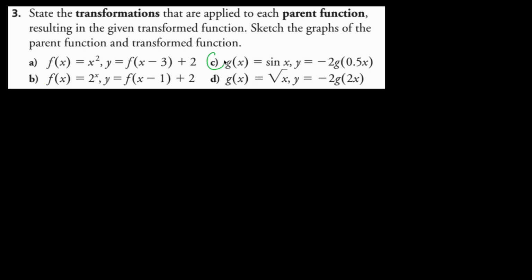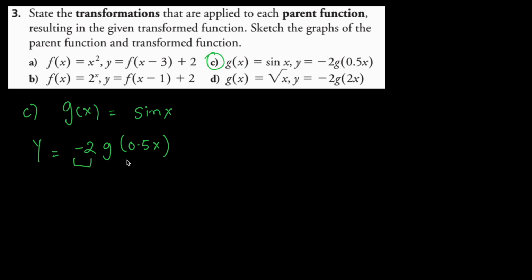Now moving on to the C part, where my parent function g(x) is a trigonometric function, which is sine of x, and my transformed function y is -2g(0.5x). Now see, if I compare this function with the standard equation of transformation, all I can see is I have only two components here.